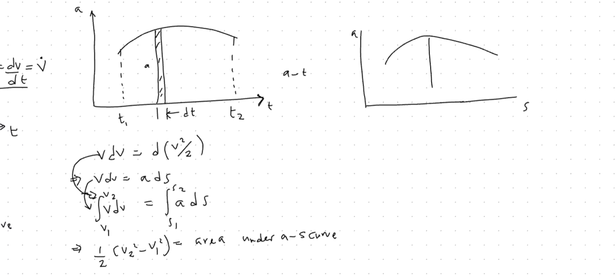We have the acceleration here, and ds. We take our position initially at S1, and then at S2. Okay, so that's that. Now, let's solve some questions on this and see how it is being applied, and then we explain a few things.